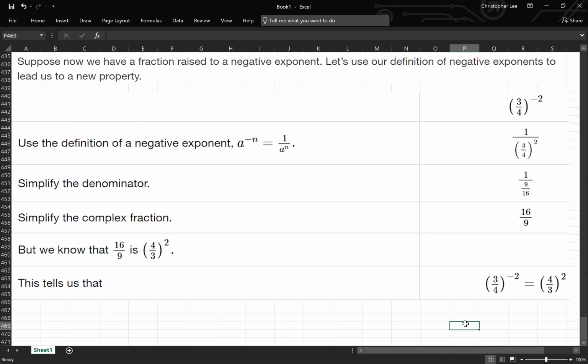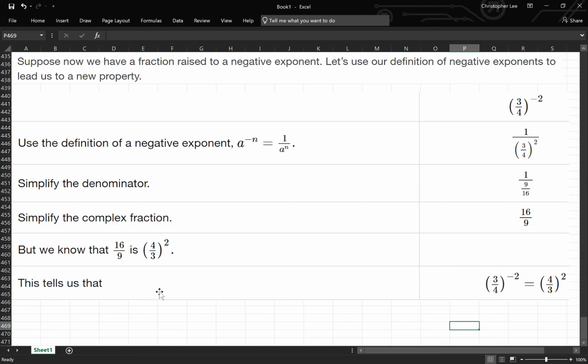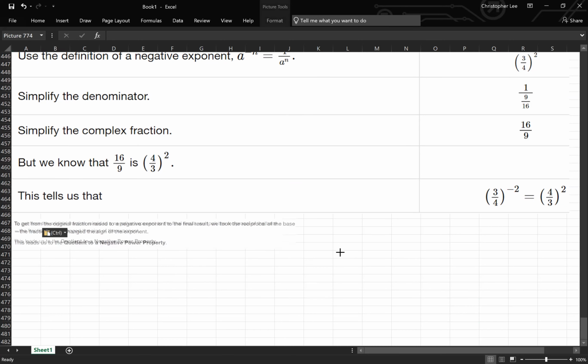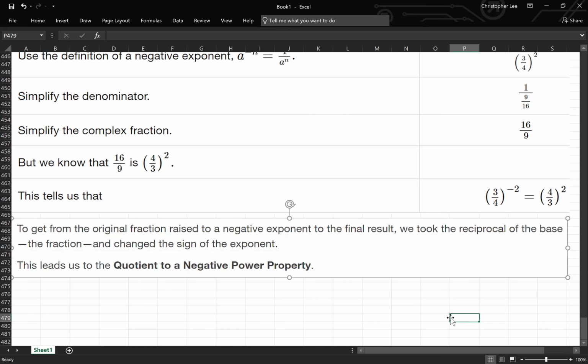That's it. So to get from the original fraction raised to a negative exponent to the final result, we took the reciprocal of the base of the fraction and changed the sign of the exponent.